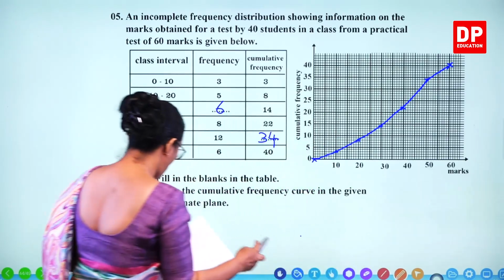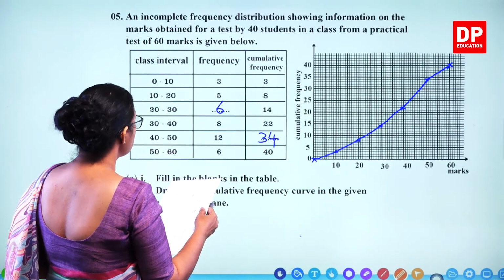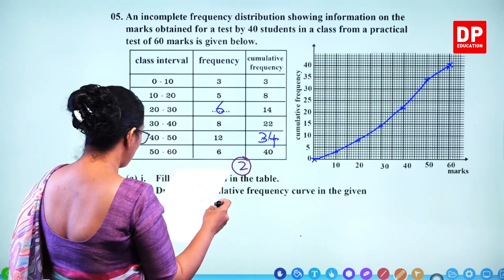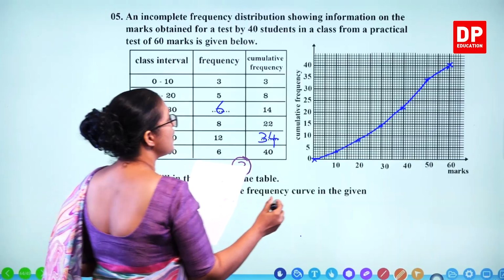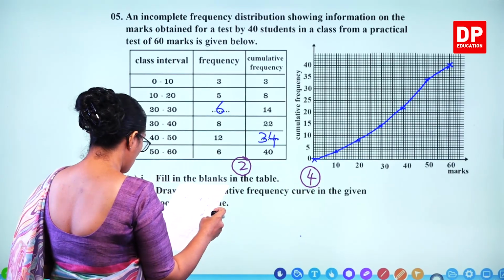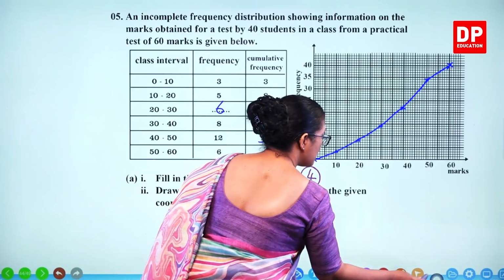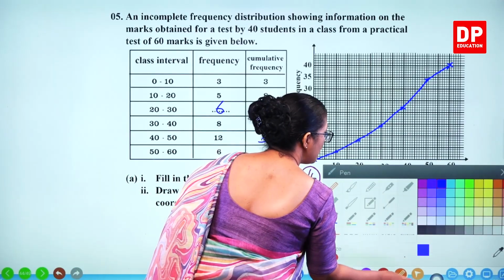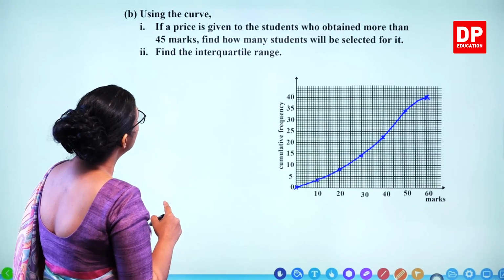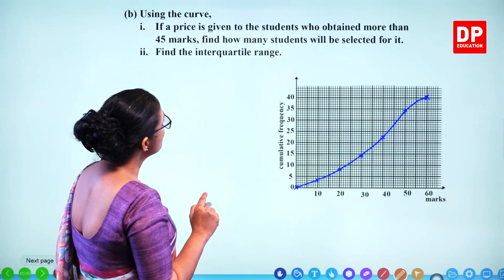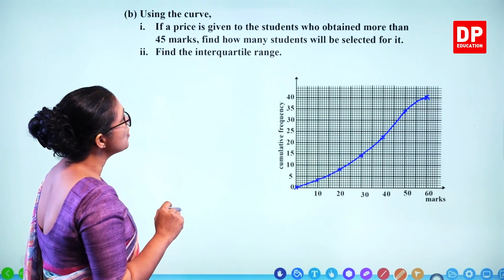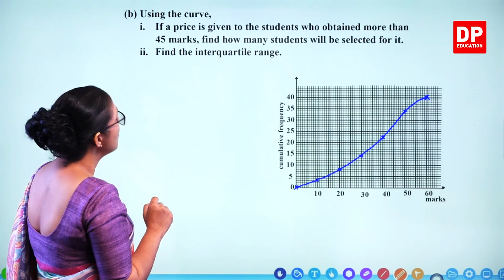So how many marks for those two? 6 and 34, you get 2 marks. And for the graph, you get 4 marks. Now we'll answer the questions using the cumulative frequency curve. Using the curve, if a prize is given to the students who obtain more than 45 marks, find how many students will be selected for it. 45.